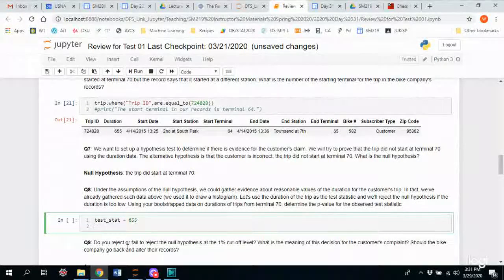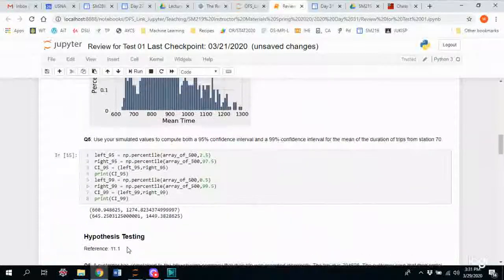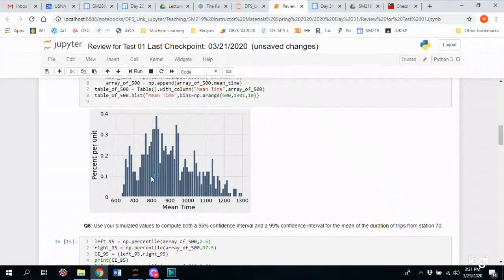And we're going to use the bootstrap data on our durations from Terminal 70 to determine the p-value for the observed test statistic. In this case, we want to determine what proportion of the test statistics that we looked at in making up this bootstrap table.